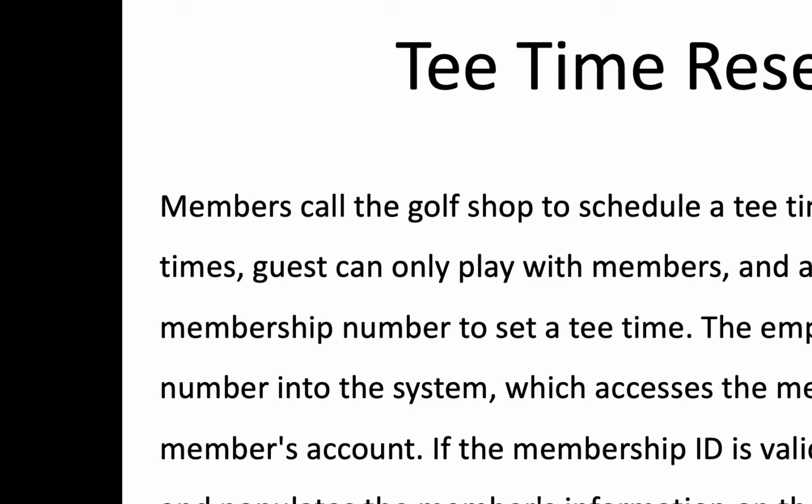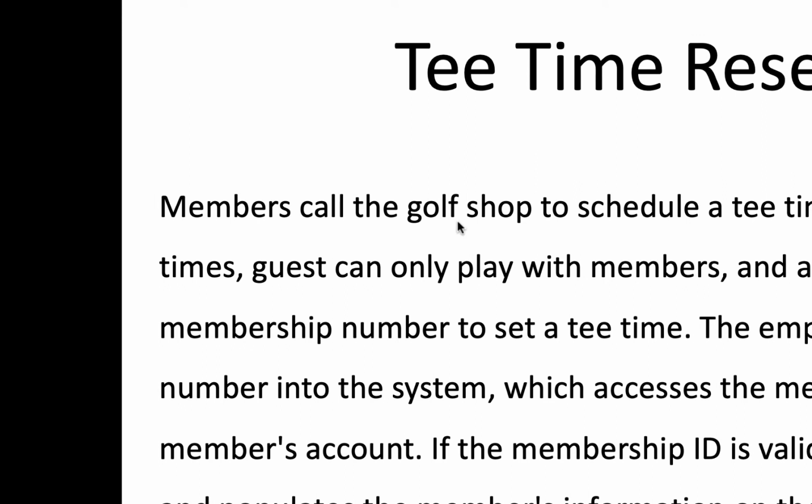the verbs. So here is the narrative, and what you basically do is go through the narrative sentence by sentence. If you look at the first sentence, it says members call the golf shop. In this sentence, members is the noun and call is the verb, and the verb phrase is calling the golf shop.